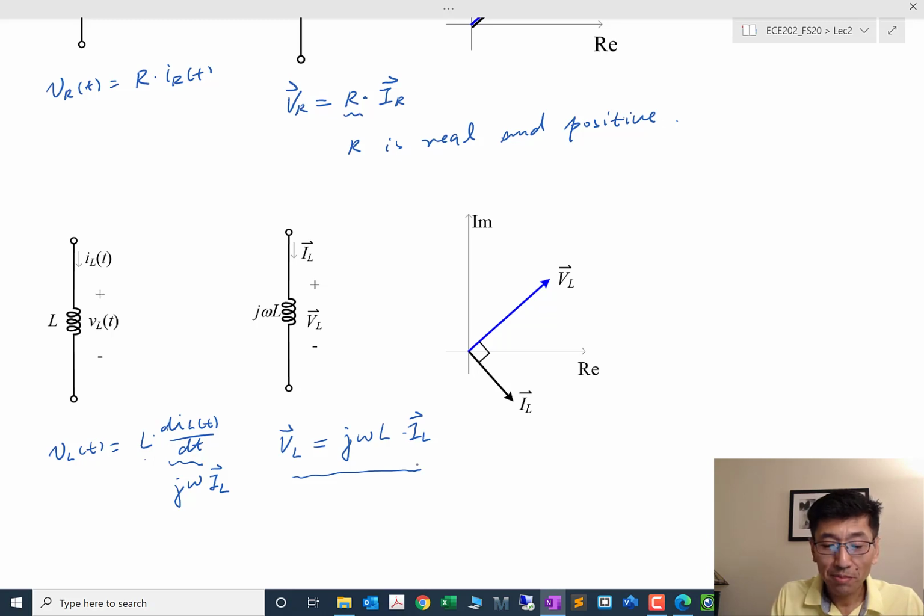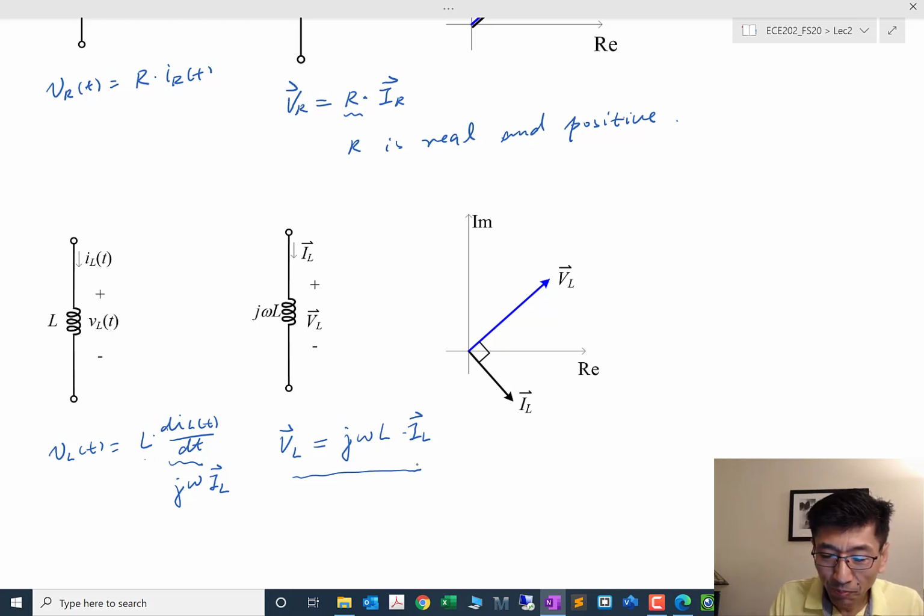We just magically change the differential equations to algebraic equations. Although the price we pay is we're not working directly with the time domain signals. Now it's kind of abstract. It's kind of like we are wearing a VR goggle now, right?